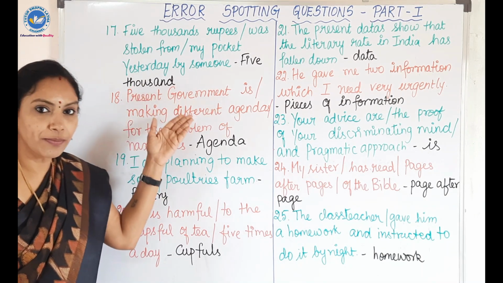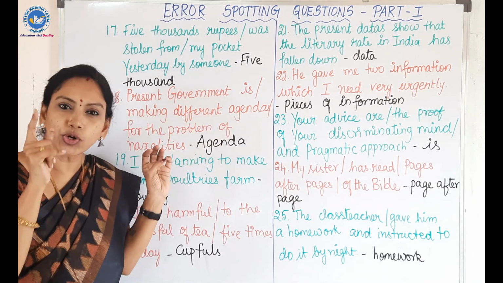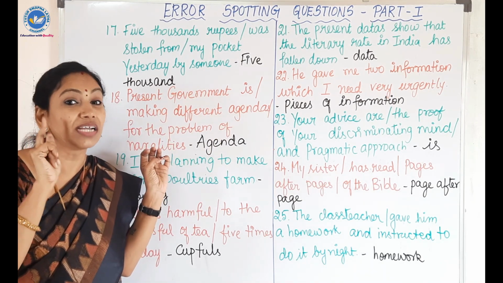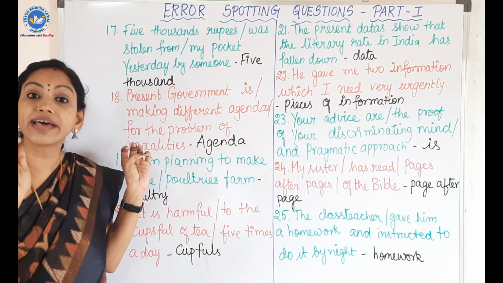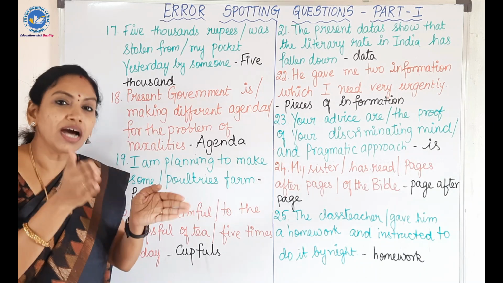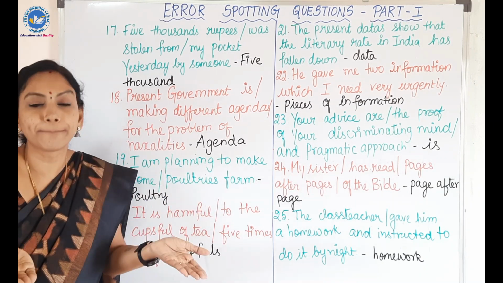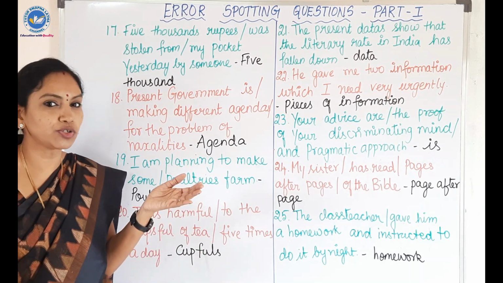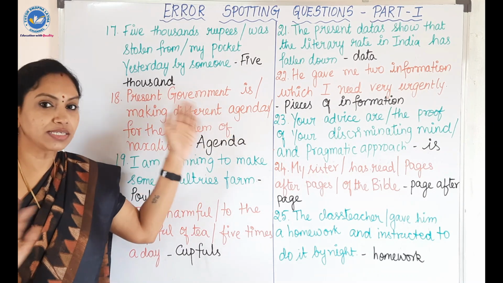So, present government is making different agendas. Have you heard any word called agendas till now? There is no such word as agendas. It is agenda. Singular is agenda. The plural for agenda is agendum, D-U-M. There is no such word as agendas. That's wrong.